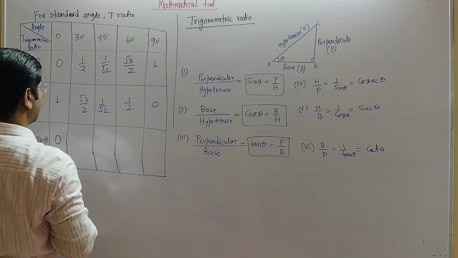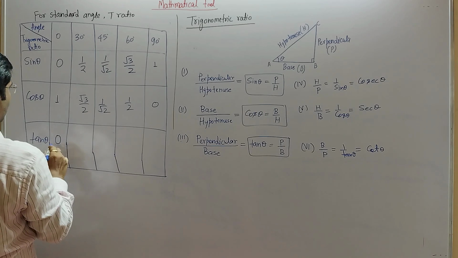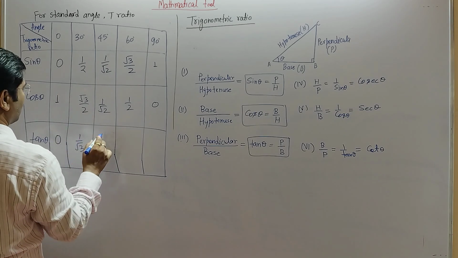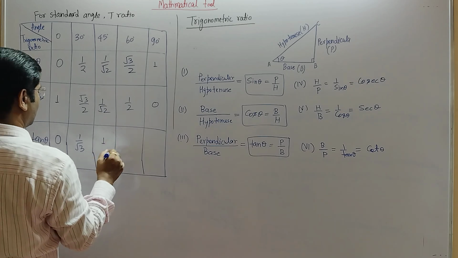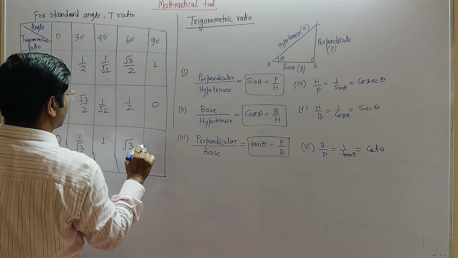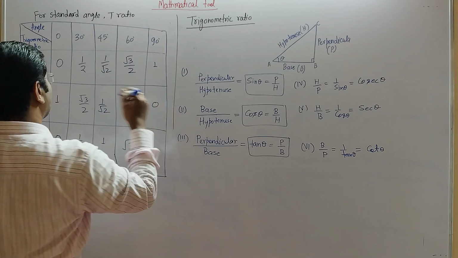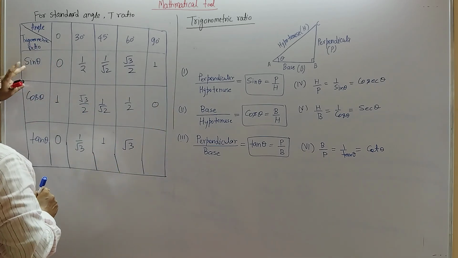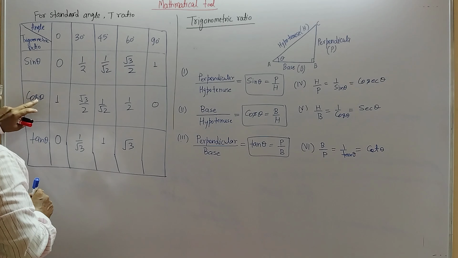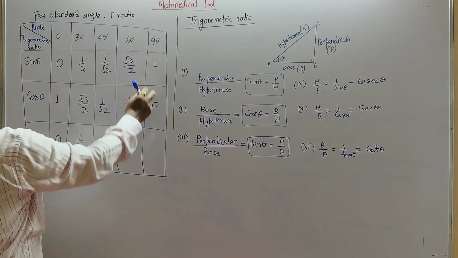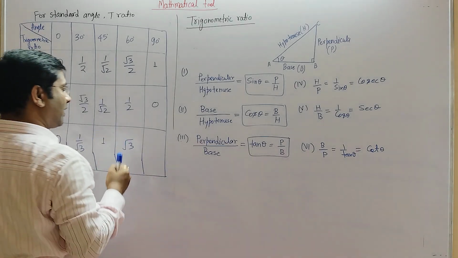is cos 90, 0. Similarly, here tan 0 is 0, tan 30 is 1 upon root 3, tan 45 is 1, tan 60 is root 3, and tan theta is also sin theta upon cos theta. So when I write here 1 upon 0, it is not defined exactly.